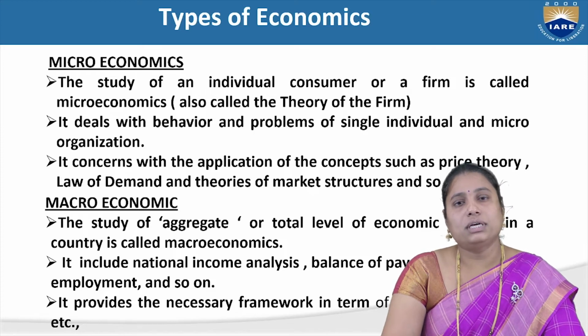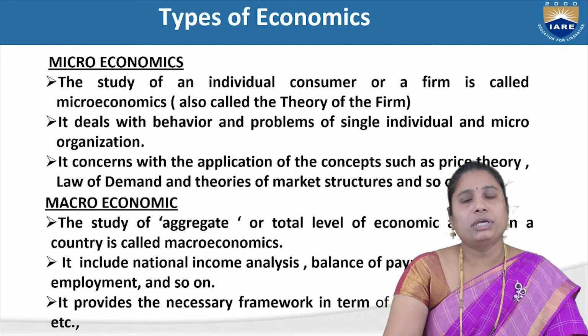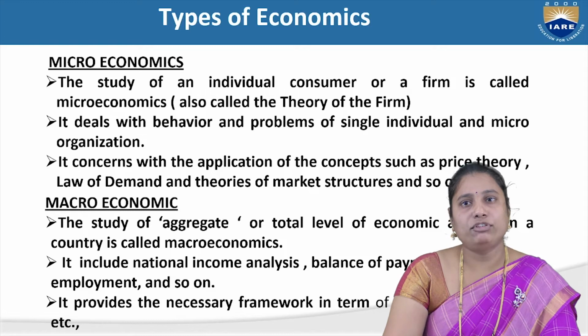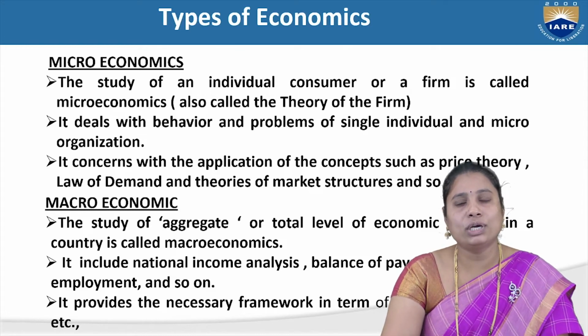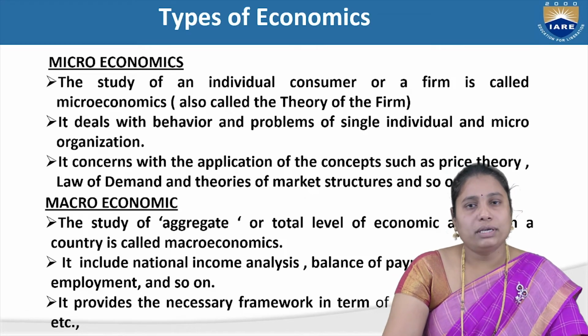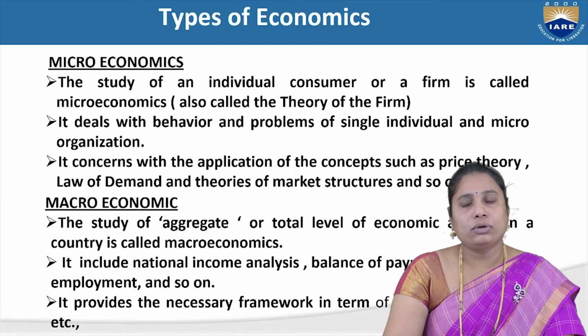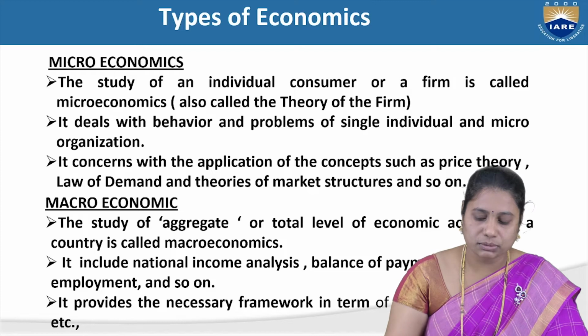So that is called the macroeconomy factors. So whenever they have to measure the economy aspects, they can measure in two ways. One is in the form of the microeconomy factors, another one is in the form of the macroeconomy factors. That is the micro and macroeconomy factors, the two types of economy aspects.